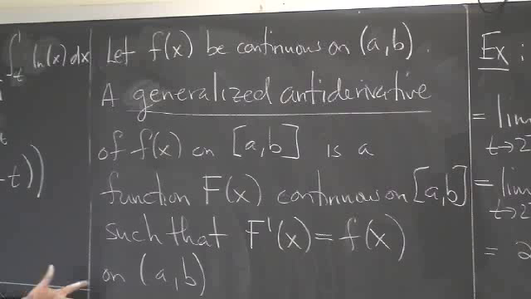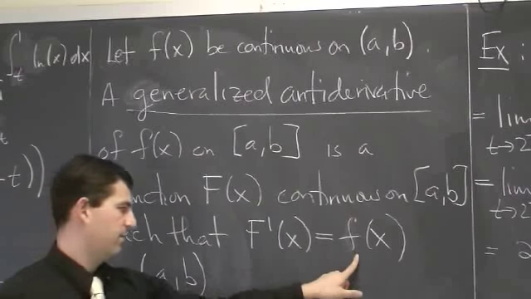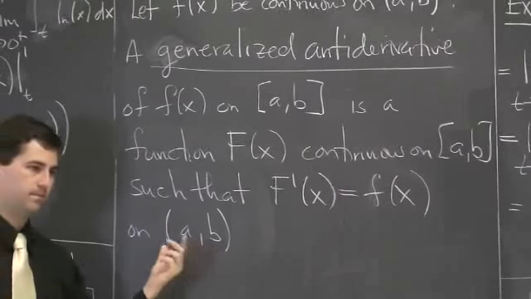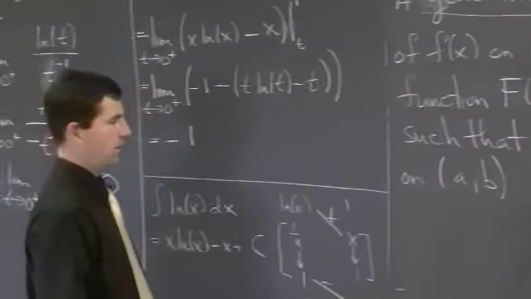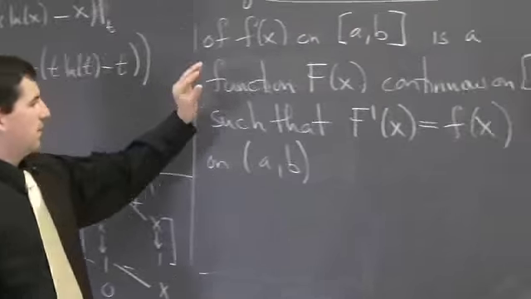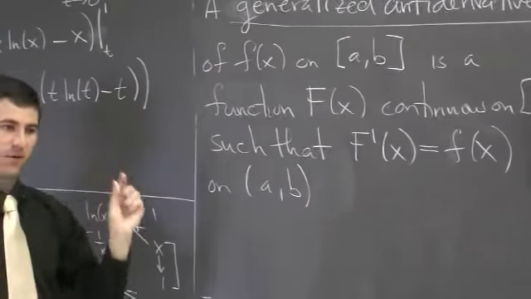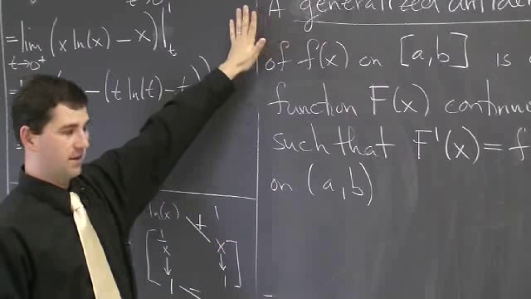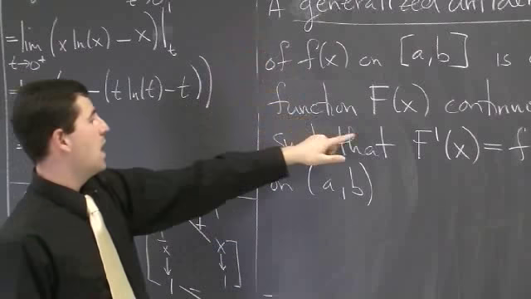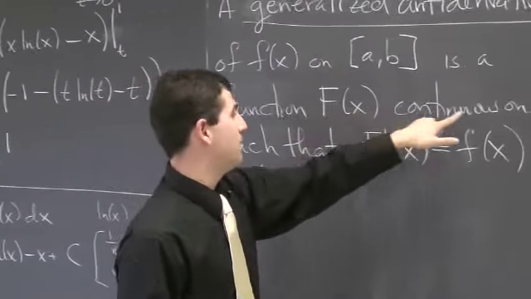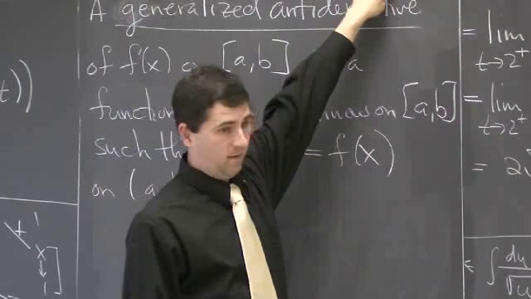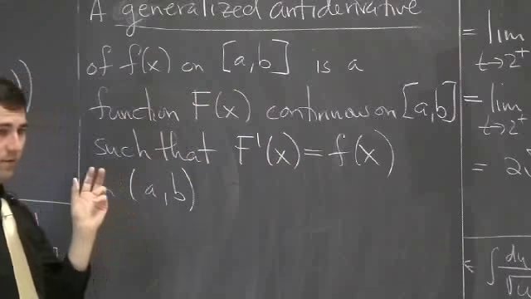We can't say any more than the open interval because this function may not be defined on more than the open interval. So this is just a slight difference between the normal definition of an antiderivative and this generalized version. Namely, this antiderivative is defined at more places, the endpoints of this interval. That's the only subtle difference.